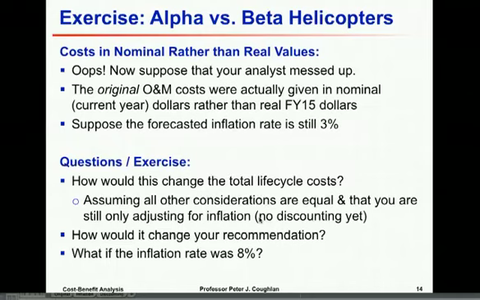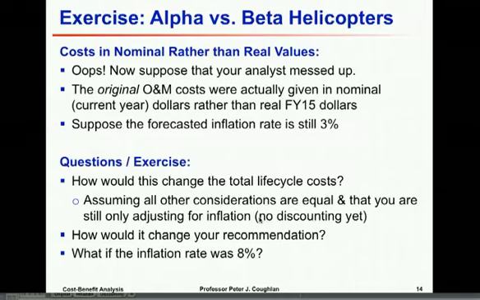So it was going to be $50 million, for example, for the Alpha helicopters, $50 million each of the first 3 years in O&M costs in nominal dollars for that year. So $50 million in FY15, $50 million in FY16, $50 million in FY17.